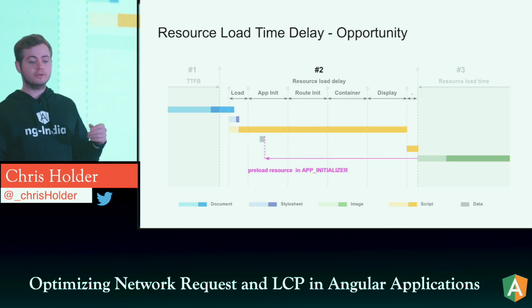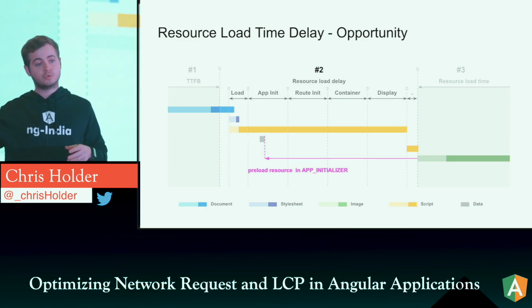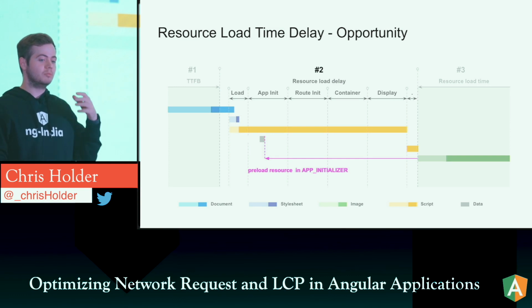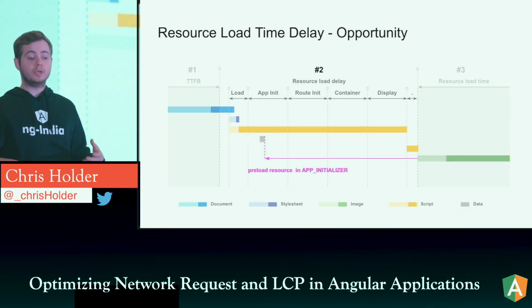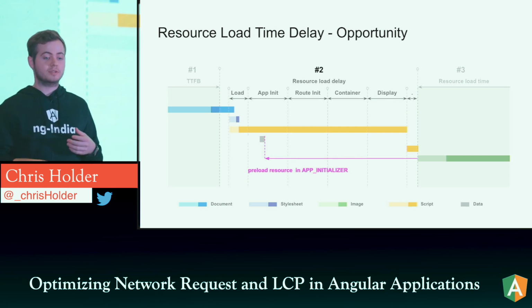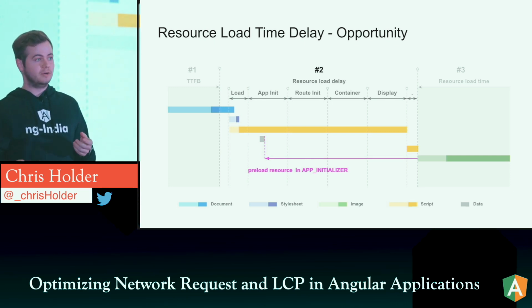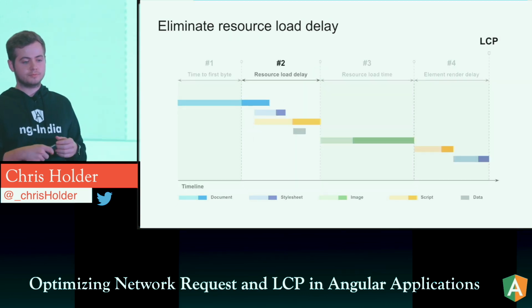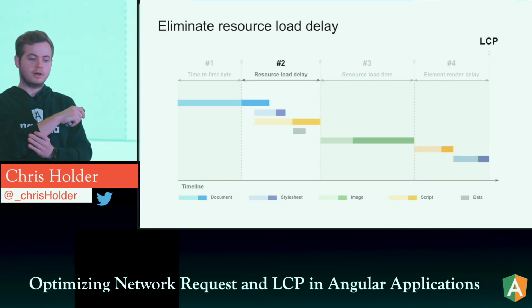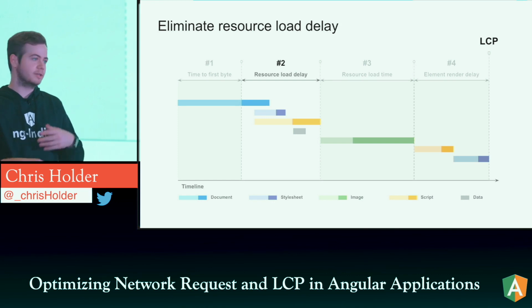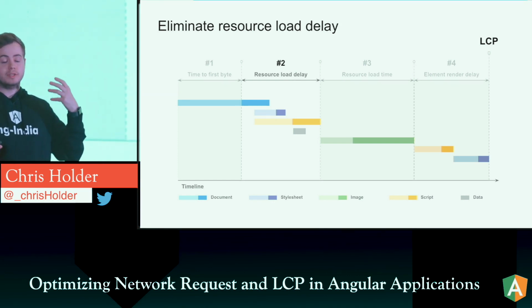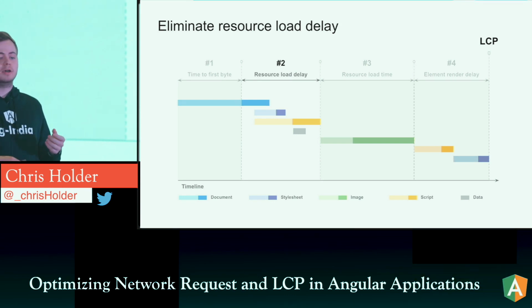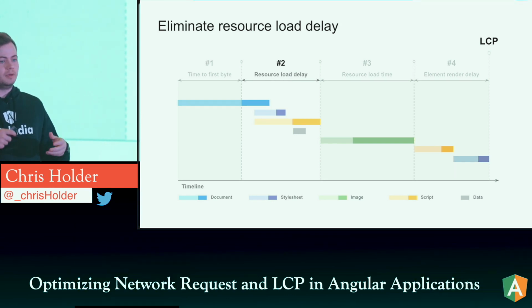So you can see here where the image would usually be loading, but since the data is available much earlier and the app initializer already has access to the data, we can initiate the fetch request, the image downloading there, and consume it when we need it. So, essentially this is what it would look like. You download the data, and once the data is available and the app initializer is there, we can initiate the loading of the image. Once that's complete, we keep on doing our usual thing.